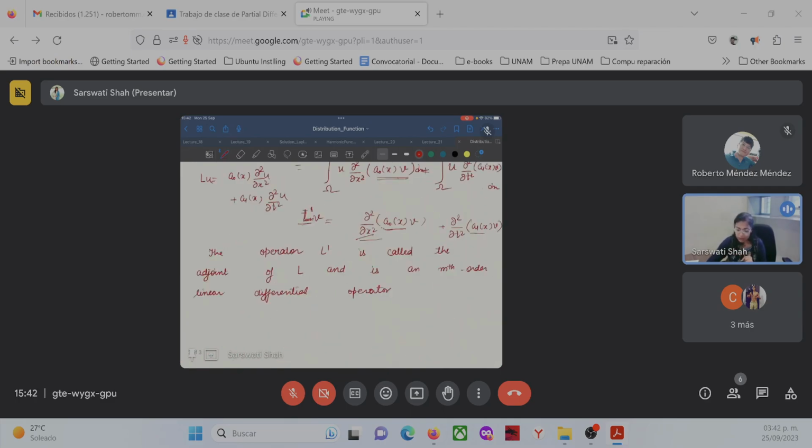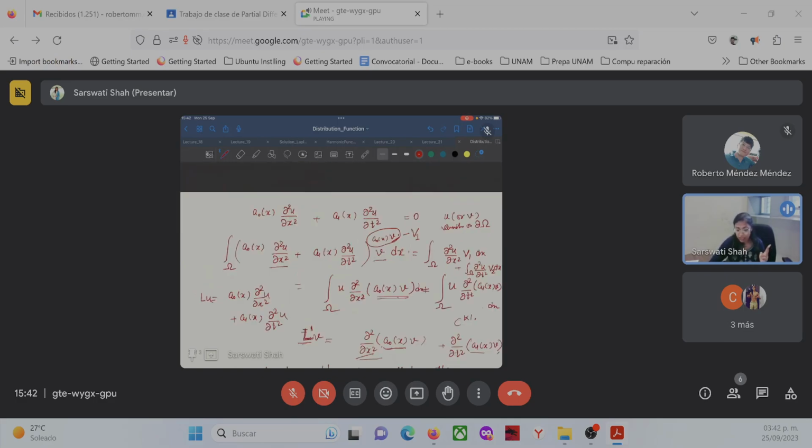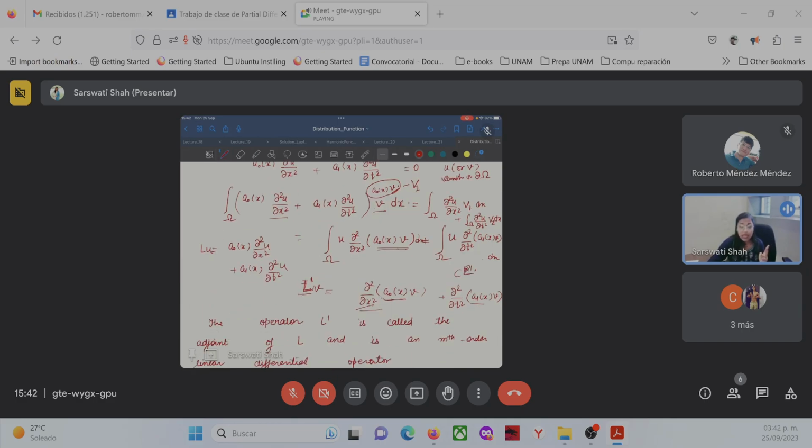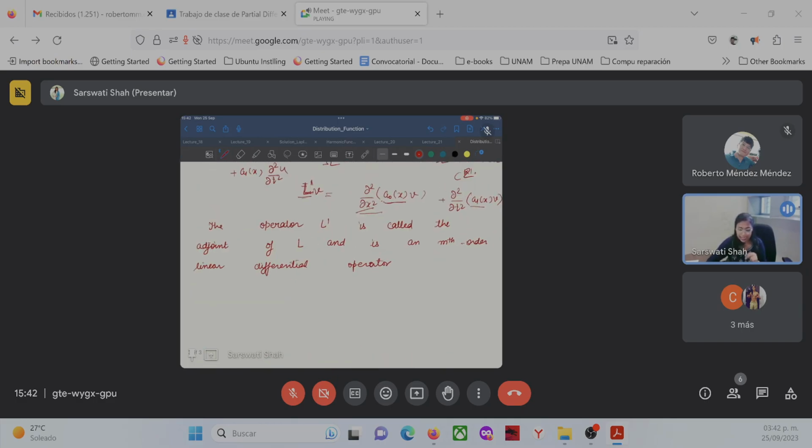Because I am going to define the adjoint operator, it is necessary that these coefficients be mth order differentiable functions. So they belong to the class C of modulus of alpha; since here it was second order, this should belong to C2. So this operator L dash is called the adjoint of L and is an mth order linear differential operator.